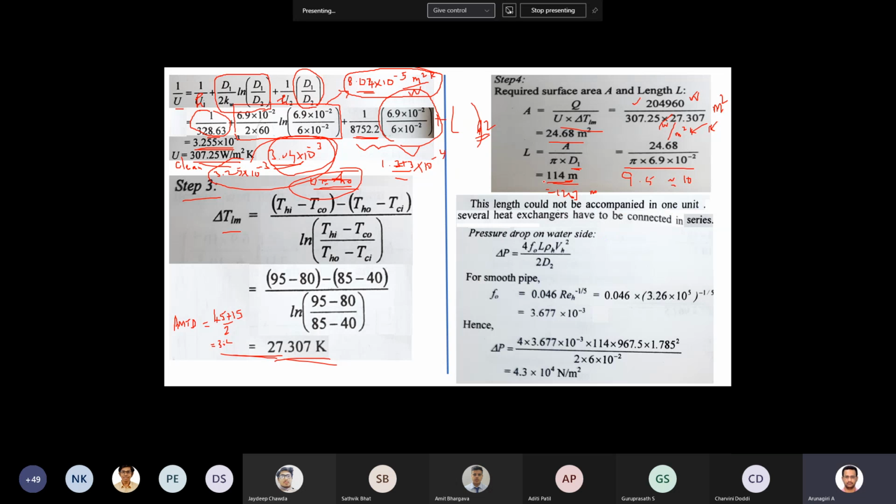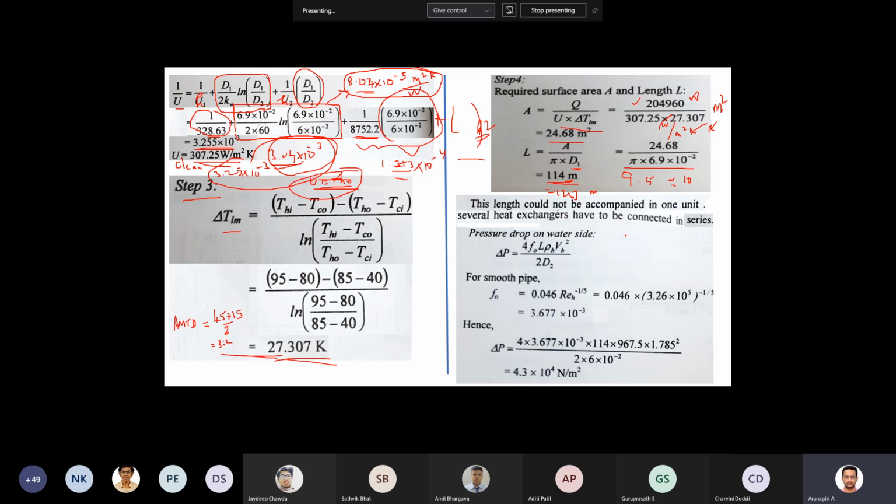Now you can make L the nearest round number based on the standard tube length available in the market, or you can define it as 6 meters, 10 meters, whatever it may be. So 12 meters means you can take 9.5, so 10 times you can go. So 120 meters.